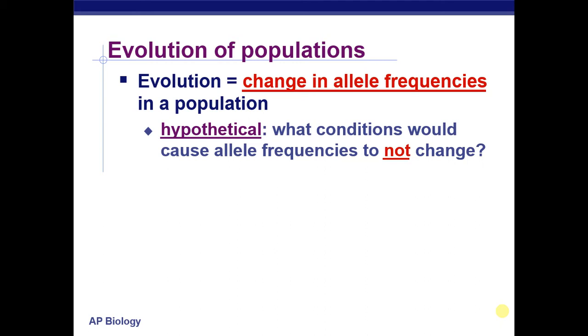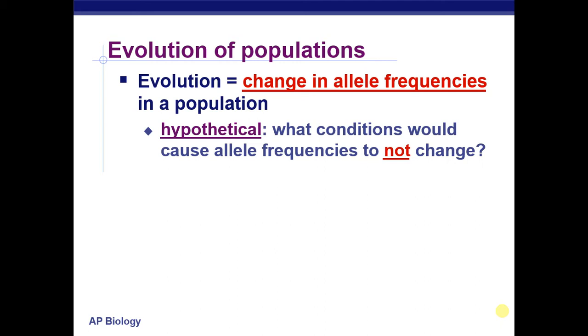Evolution, at its most basic definition, is a change in the allele frequency in a population over time. It doesn't mean in a specific direction, just that the frequency of the marbles in that dish is going to change as time goes on.